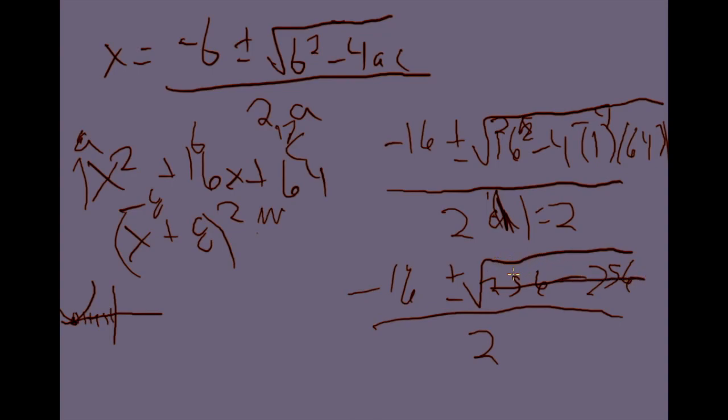The square root of 0 is 0, and it doesn't matter plus or minus: negative 0 and positive 0 are the same thing. So negative 16 over 2 is equal to negative 8. And they are equivalent. So that's a good way to check your work, to see if you're entering the calculations in. Pretty easy. Now this is a very short lesson.